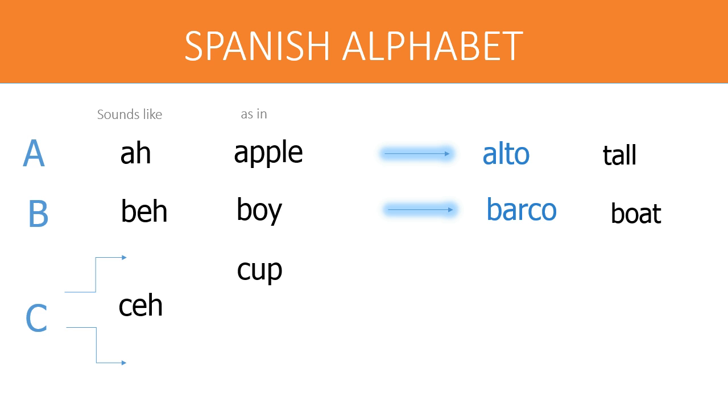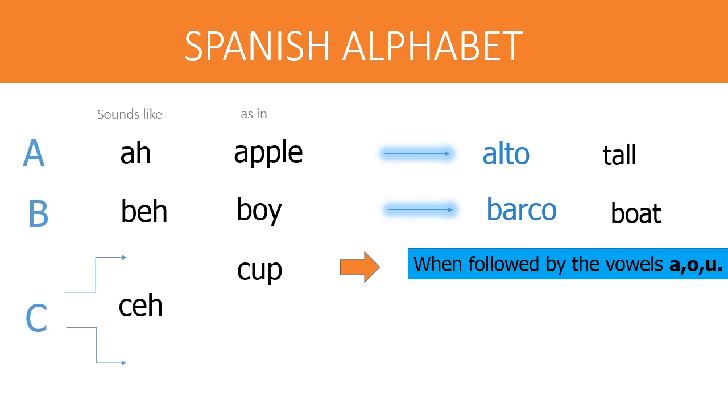The first one sounds similar to cup, and this will apply when the letter C is followed by the vowels A, O, and U. For example, the word cuatro means four in English, and we see that the vowel U is after the letter C, so the sound like cup will apply. Cuatro.